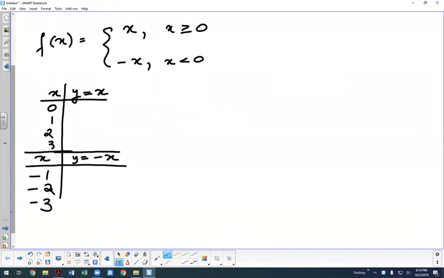So when it says y equals x, whatever is your x value, that becomes your y value, right? So these guys will stay as it is. But for the negative side, where I'm using negative x values, they're asking me to use y equals -x, which means there's the negative coming from the function definition itself, and there's the negative coming from the x value itself. So those two negatives will give us what?